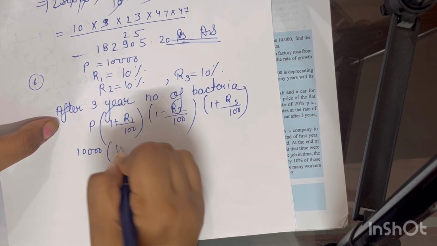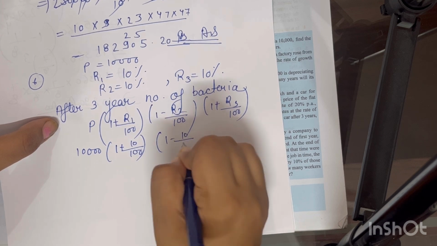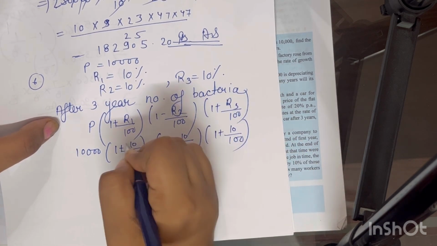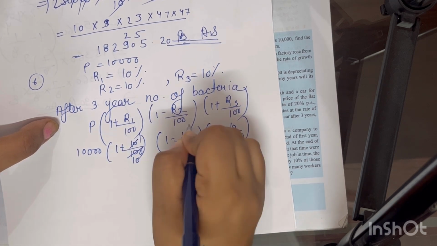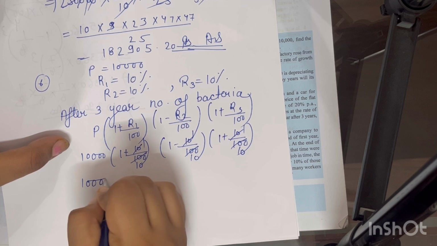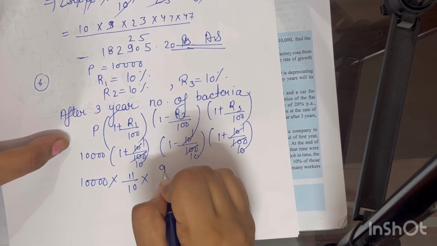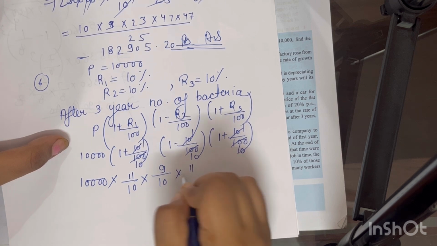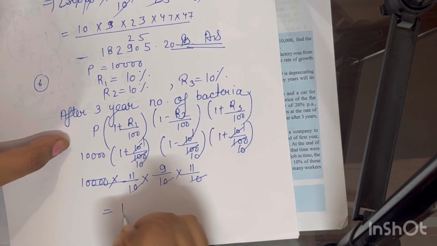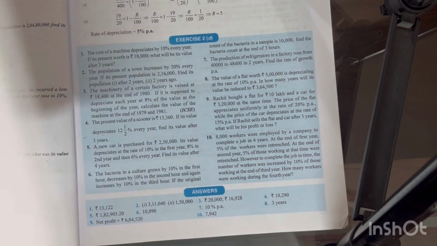So 10,000 (1 plus 10 by 100)(1 minus 10 by 100)(1 plus 10 by 100). 10 ones are 10, 10 tens are 100. 10,000 into 11 by 10 into 10 minus 1, 9 by 10, 11 by 10, 0 0 0 3 0 cut. It will be 10890. Answer.